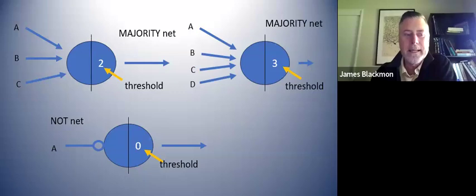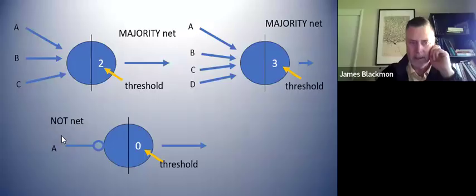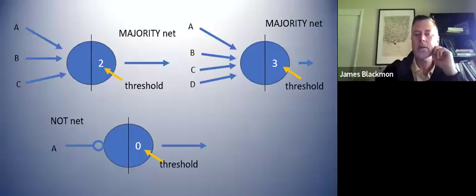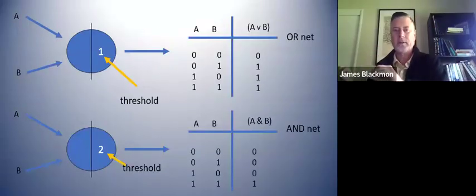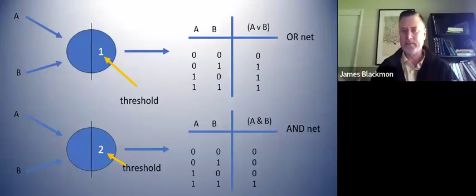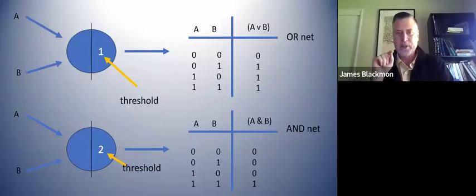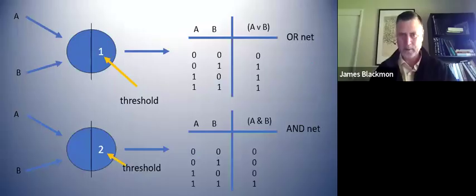And it turns out that now that we have not, and, and or, that's sufficient for covering all kinds of other logical operations. And numerically, you can do anything. Okay.